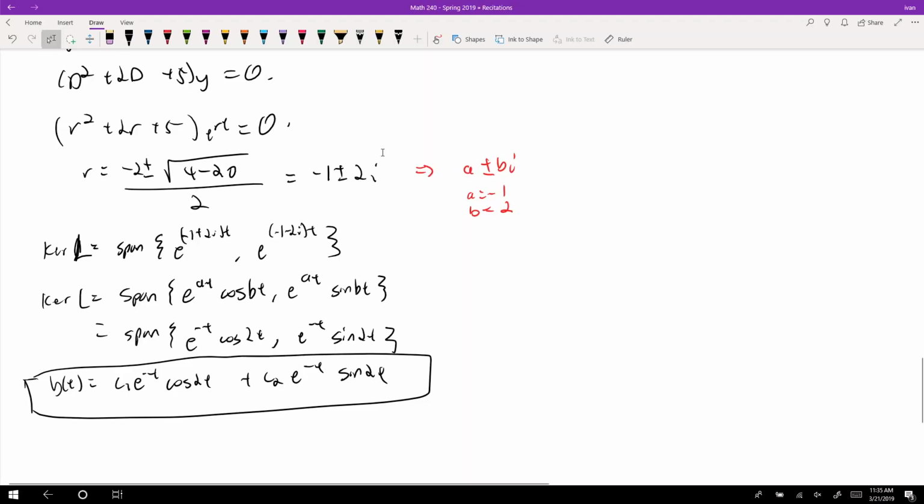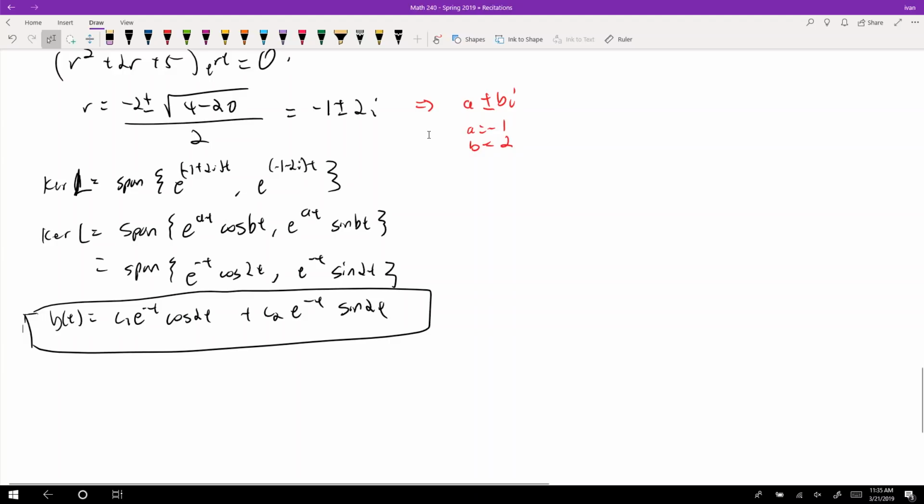Now let's combine all of this together with an example. Example 4: (D plus 5) cubed times (D squared minus 4D plus 8) squared, y is equal to 0.